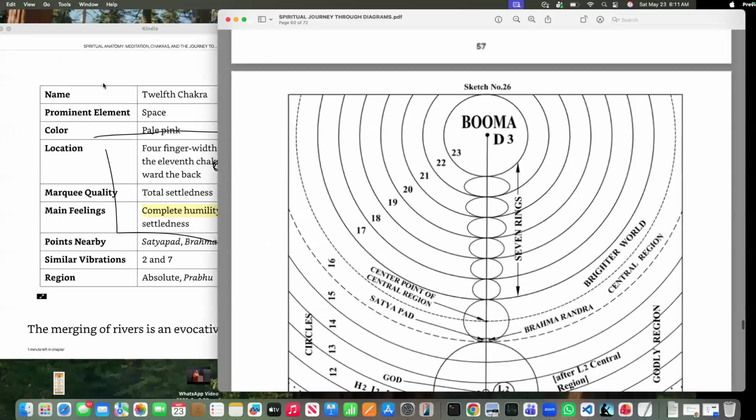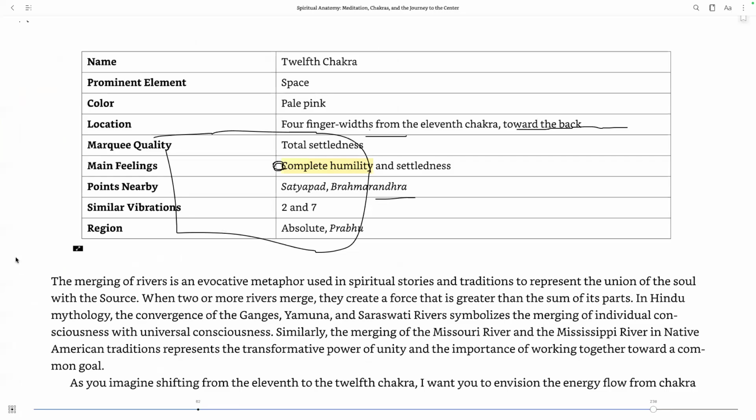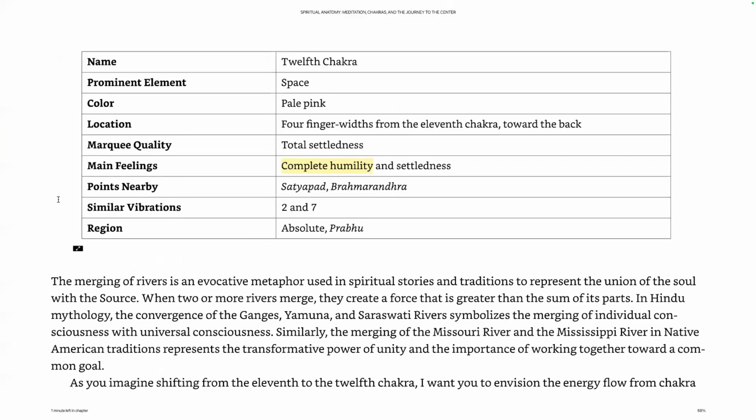Going back to the book. The merging of rivers is an evocative metaphor used in spiritual stories and traditions to represent the union of the soul with the source. When two or more rivers merge, they create a force that is greater than the sum of its parts.